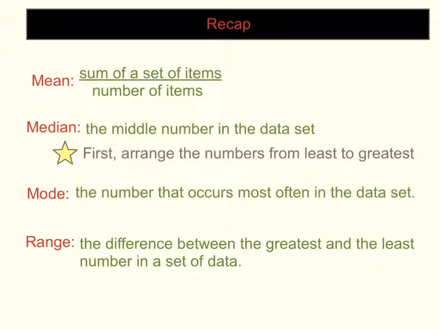And remember, we can have 1 mode, 2 modes, 3 modes, and so on, or no modes. And lastly, range is the difference between the greatest and the least number in the data set. I hope this video helped you and that you're an expert now on mean, median, mode, and range.